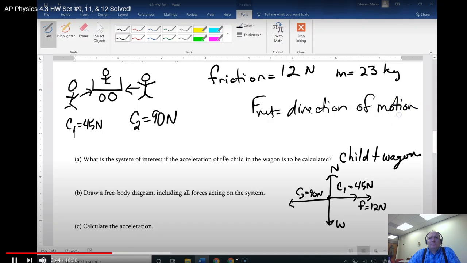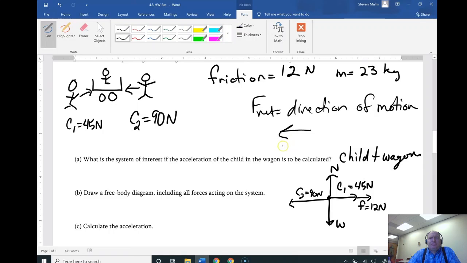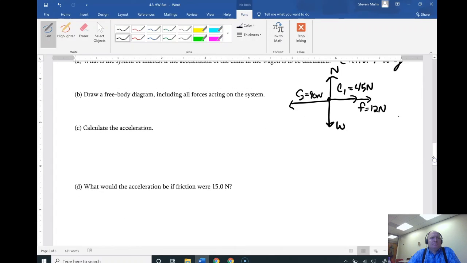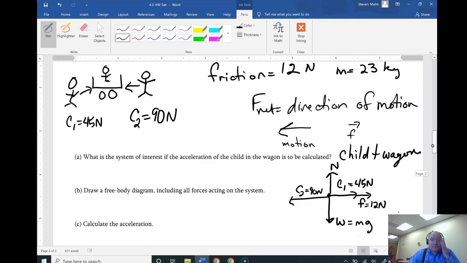So in our case, to the left is going to be the motion, which means friction has to go the other direction. Yeah, okay. Cool. Next thing that we're going to do is calculate the acceleration. Remember that weight equals mass times gravity if we need it. Normal opposes weight in this particular case. Don't think that really matters.